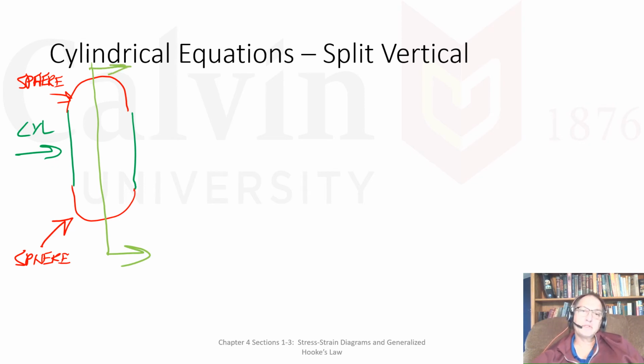And the problem is going to become, my stresses are going to depend on how long my cylinder is compared to my ends. So what I'm going to do is I'm going to say that this dimension here is infinite. That dimension there is infinite.